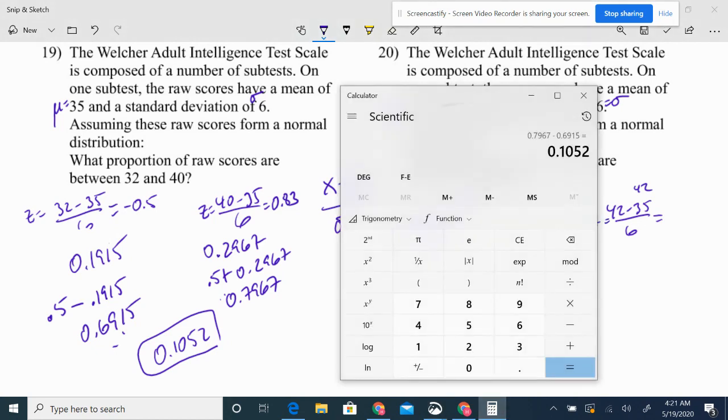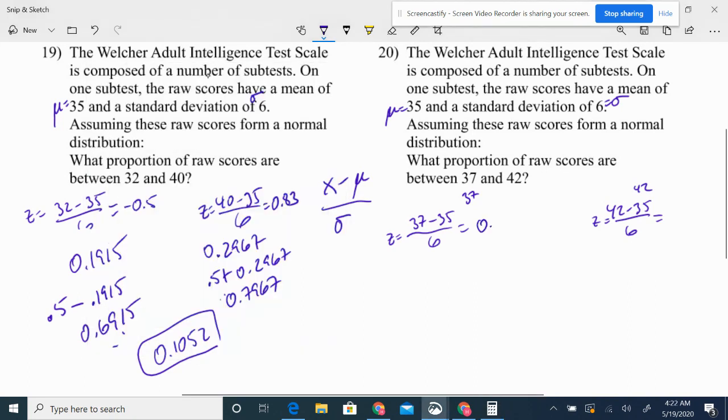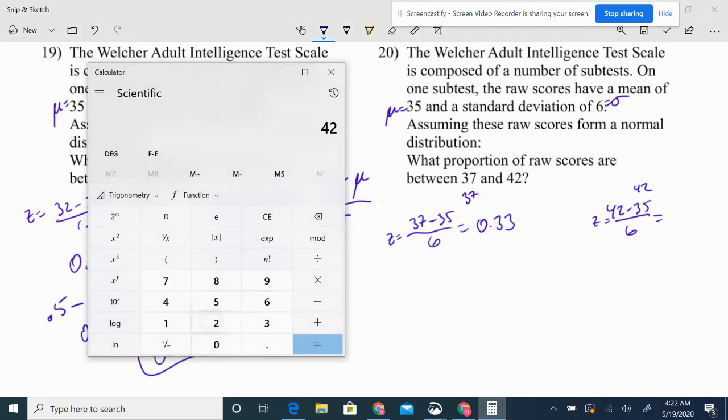So let's see. 37 minus 35 divided by 6 gives me 0.33. Now the other number, 42 minus 35 divided by 6, gives me 1.17.